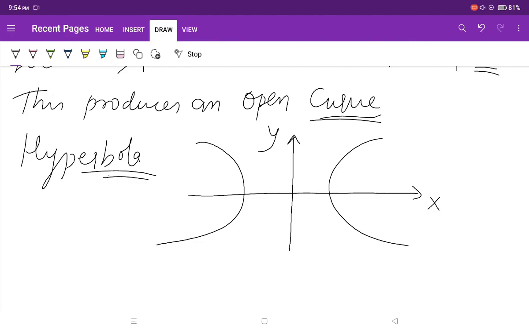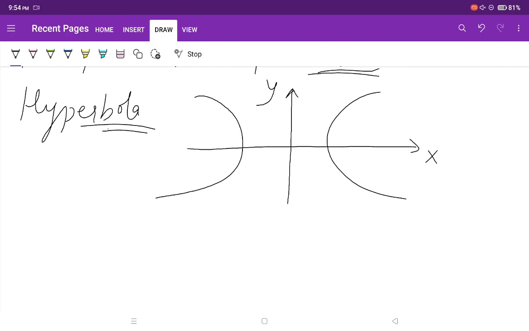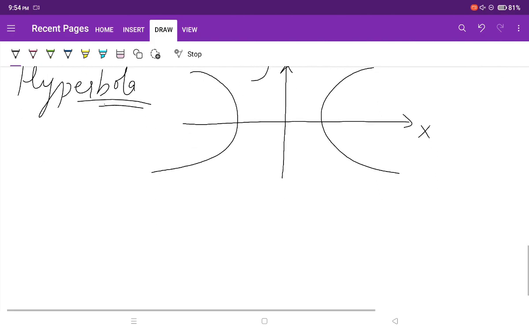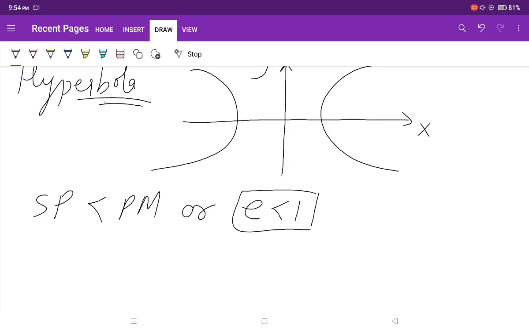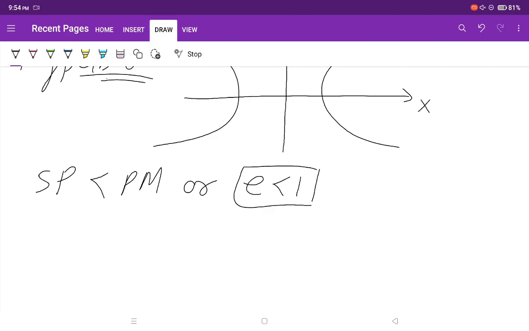When the focus distance is smaller than the directrix distance, when we had SP less than PM or E less than 1, the locus closes on itself and becomes an ellipse.